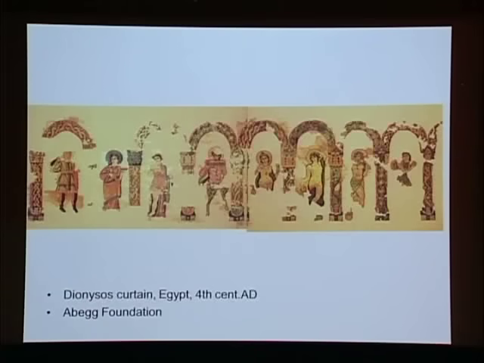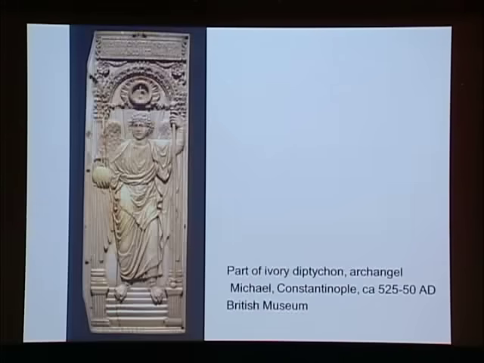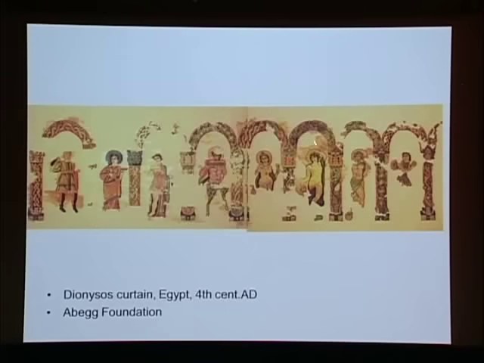More famous has become a rather recent find of a curtain. This is monumental, 2 meters high, and I don't know how many meters long, in the Abegg Foundation, reconstructed from bad fragments and showing Bacchus, a late antique representation in the central arch, it's the naked figure here, sorry, with other representations leading towards the central figure.